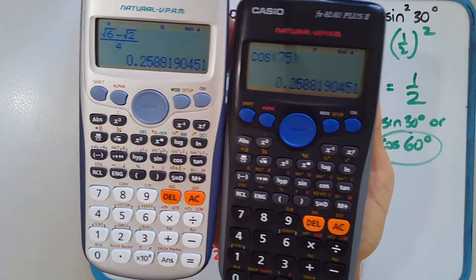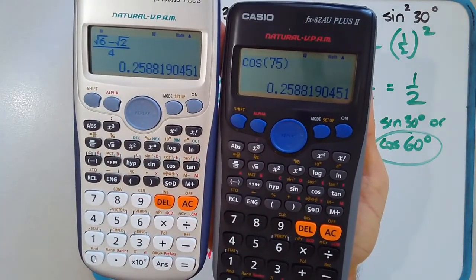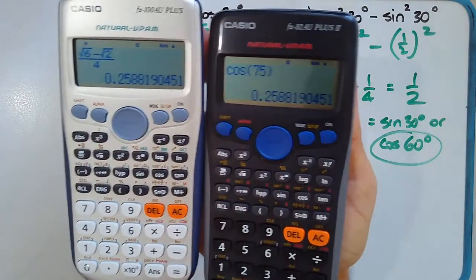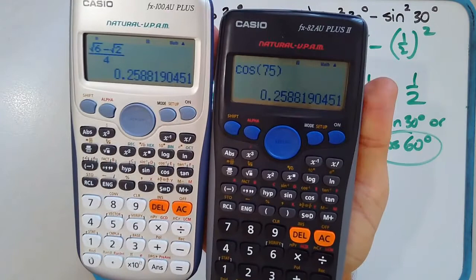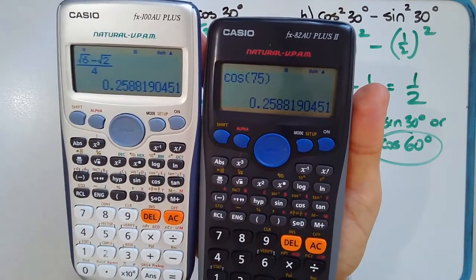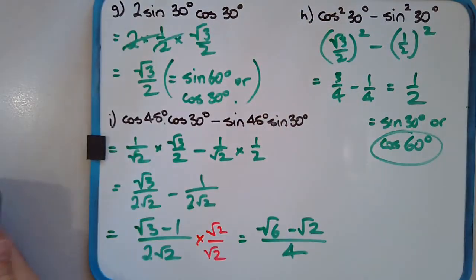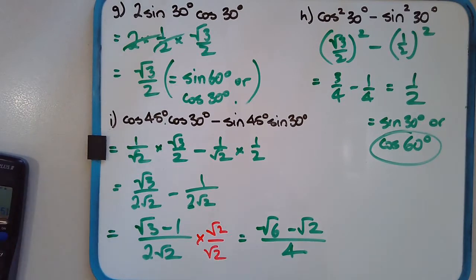Same result. Well, at least from what we can see here on the calculator, assuming the calculator is not rounding something that's 500 decimal places, but at least on the surface, it appears that there seems to be something going on here as well. In fact, there is, and we're not going to prove it at this point, but this is really the exact ratio for cos of 75 degrees.